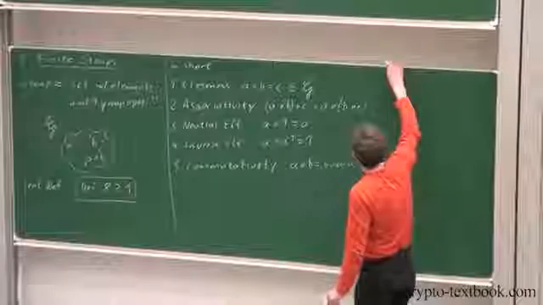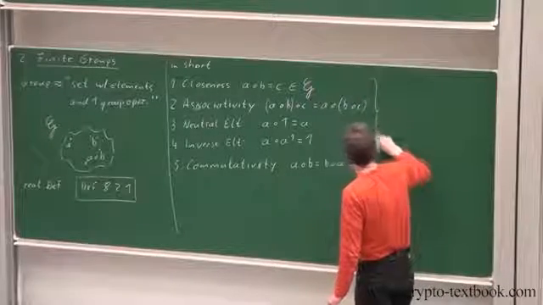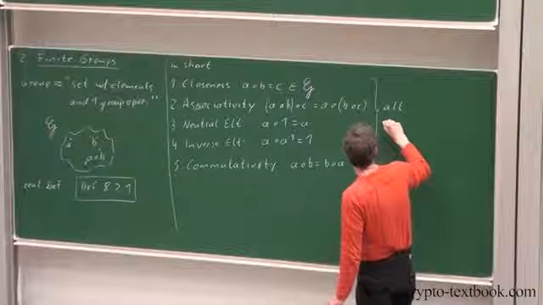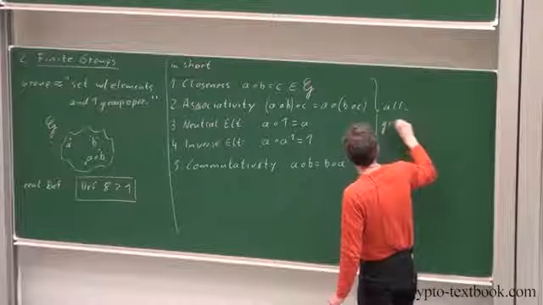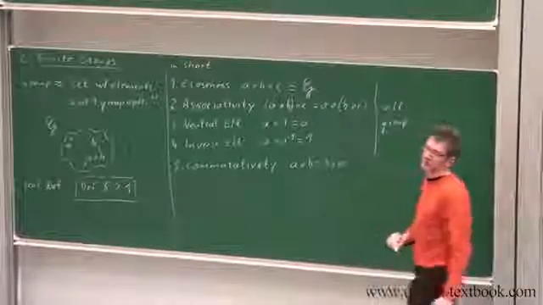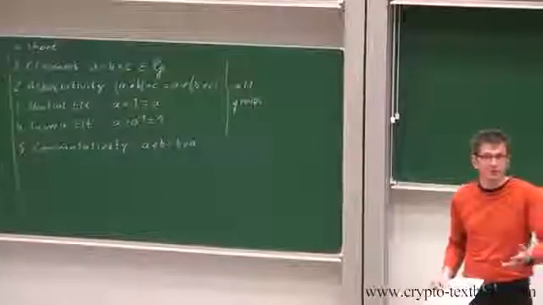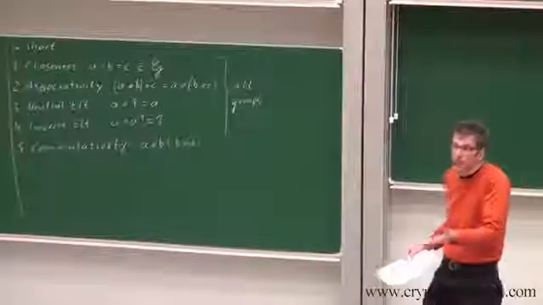So properties 1, 2, 3, and 4 must hold for all groups. So all groups must fulfill those 4 properties. If they don't fulfill them, you don't have a group.